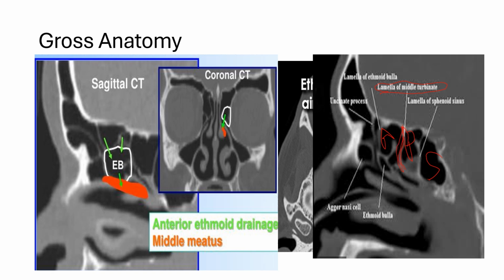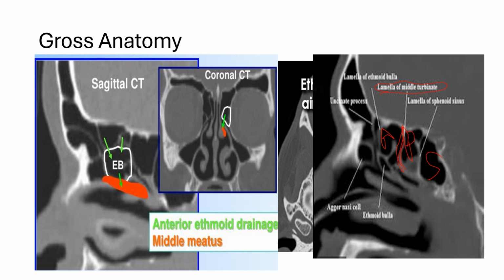Historically, the ethmoid sinuses were subdivided into 3 groups: anterior, middle, and posterior air cells. Nowadays, anterior and middle are grouped as the anterior, whereas the posterior is separate. The anterior ethmoid air cells drain into the hiatus semilunaris and the middle meatus via the ethmoid bulla.